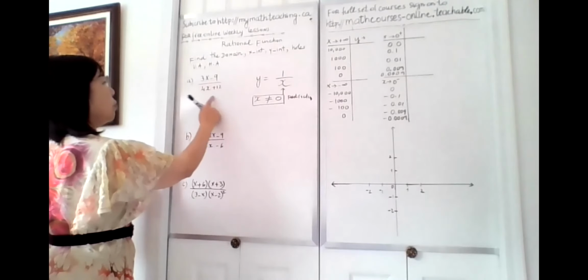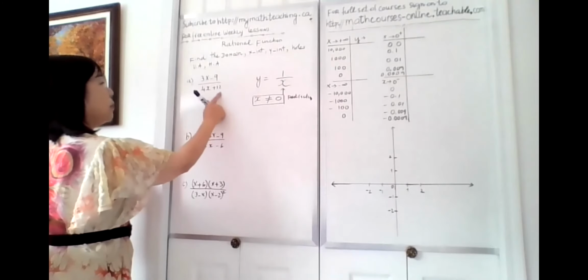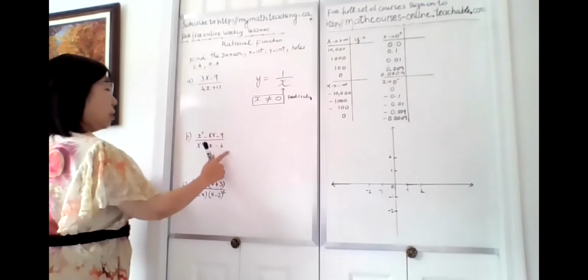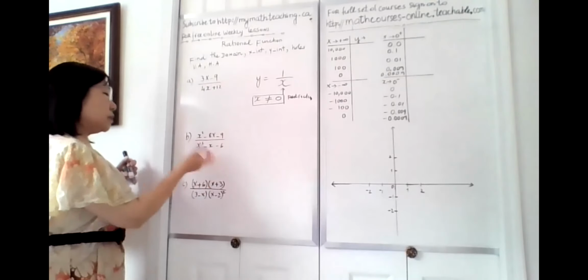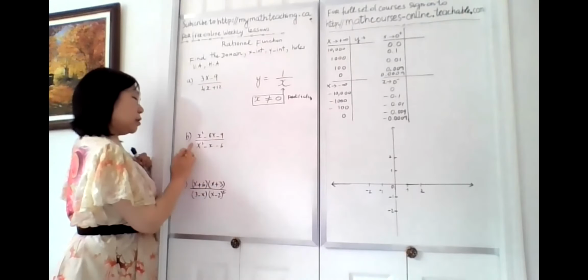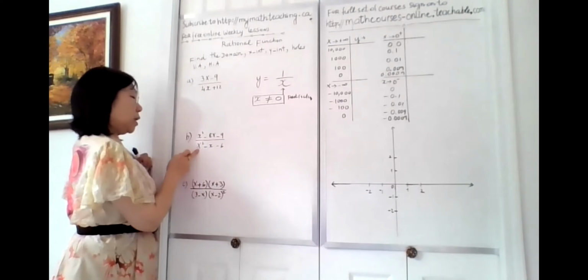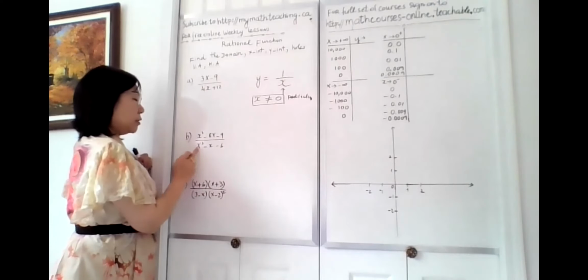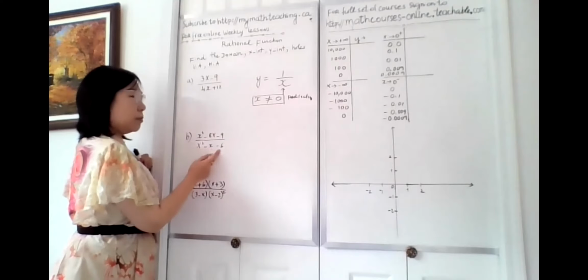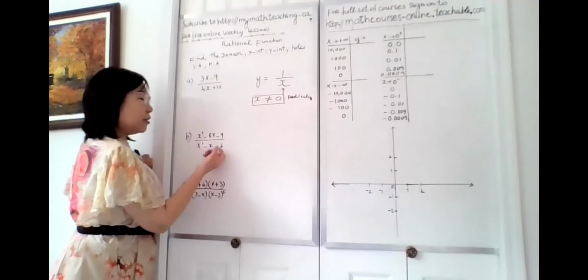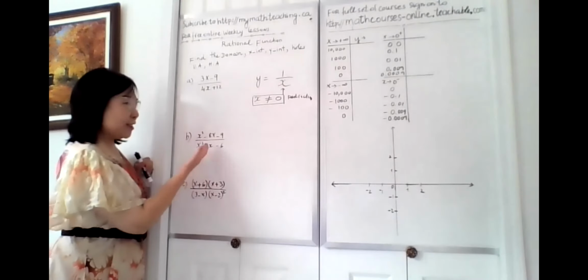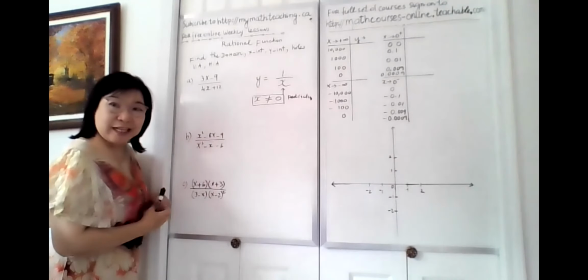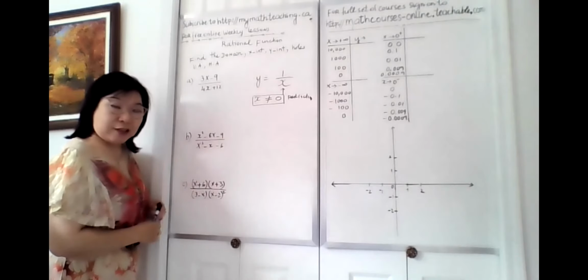It doesn't mean the whole thing here will be different from 0. Obviously, you can see if you put a 0 in here, because x equals 0, then 0 minus 0 is 0. But what about minus 6? You cannot change the minus 6 here to become 0, because this is the original question.